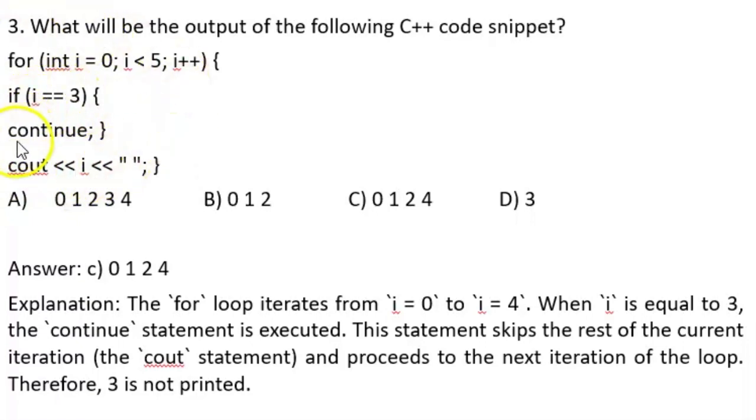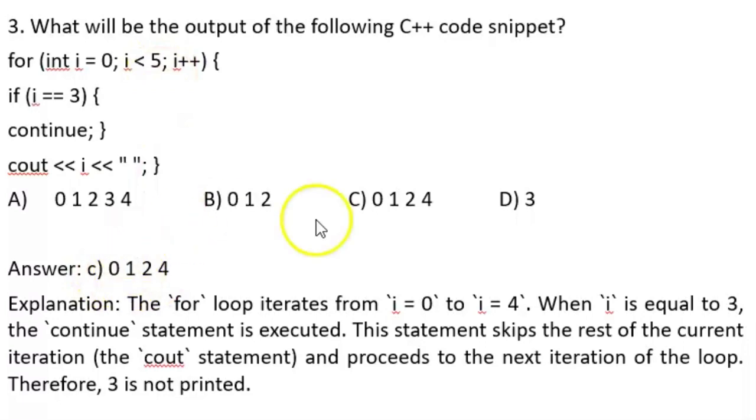This question is about the break and continue statements. Continue ignores only 3. It runs from 0 up to 4, and 5 is not included. So 0, 1, 2 are printed, 3 is ignored because of continue, and then 4.